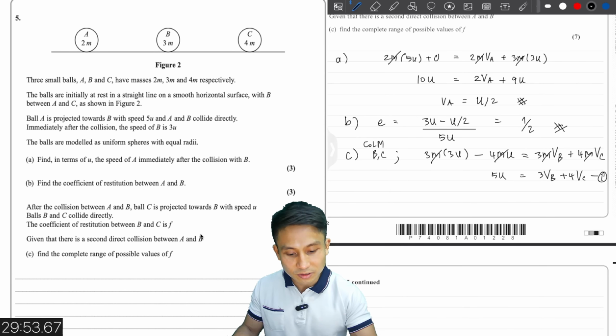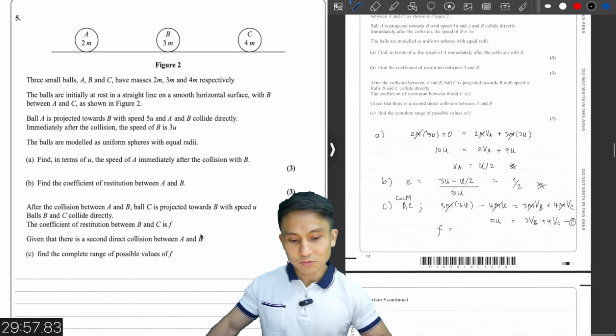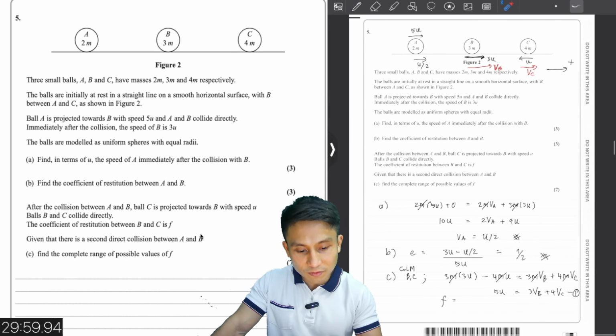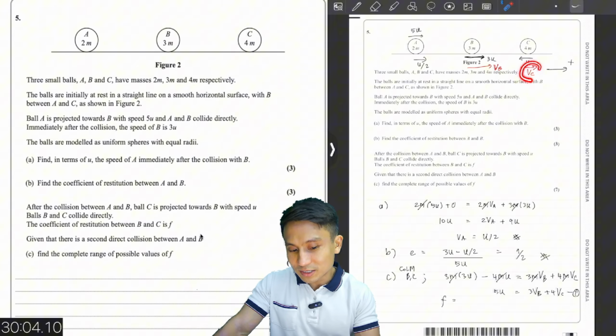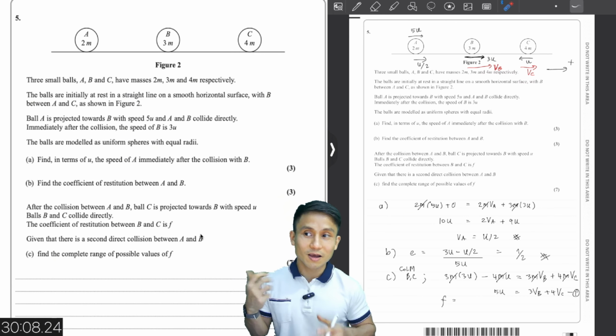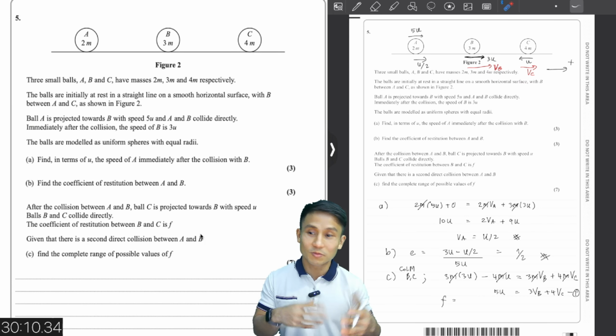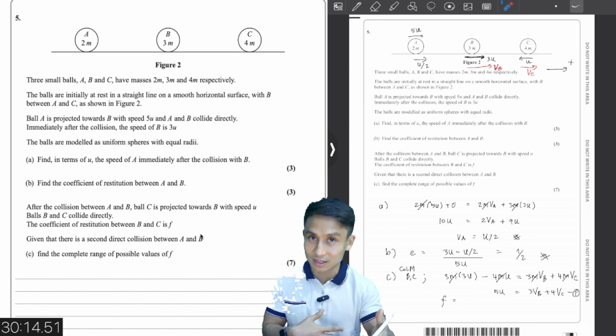And the coefficient of restitution, f, will be equal to the relative speed of separation. So the VC and VB here will have to make sense now. We do VC minus VB. VB should be to the left, but when we say to the right here, VB will be negative, so when we do VC minus VB, it will self-correct.